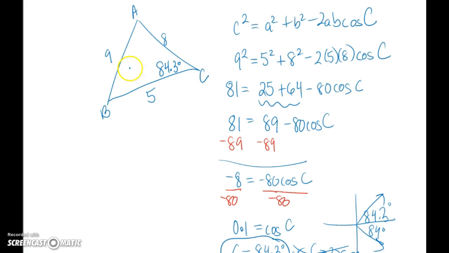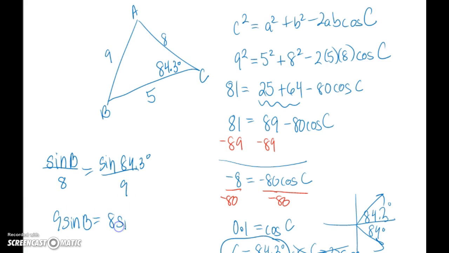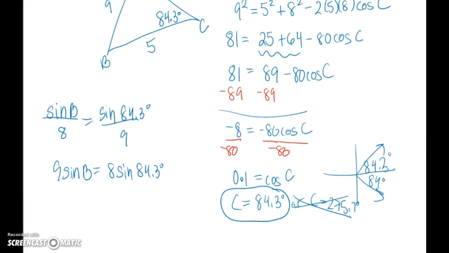So let's just work through it. Let's use law of sines to find the next biggest angle, which is angle B. So we do sine of B over side B equals sine of C over side C. Cross multiply, 9 sine B equals 8 sine of 84.3. Divide both sides by 9. So 8 sine of 84.3 over 9.